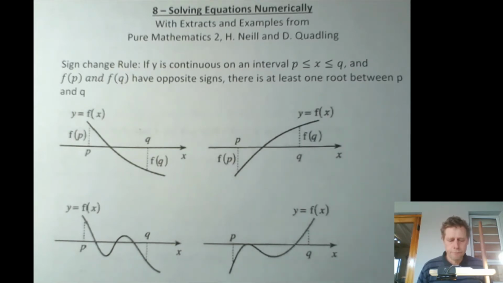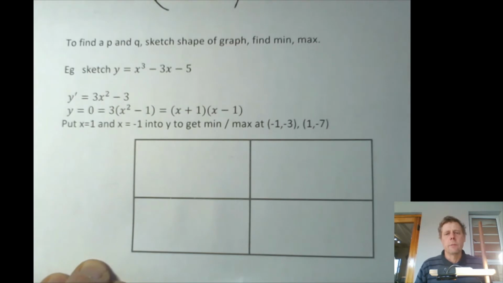Before one can use the sign change rule, it's useful to be able to plot the graph to find more or less where the sign changes, where y changes. Here's just an example: y equals x to the 3 minus 3x minus 5.